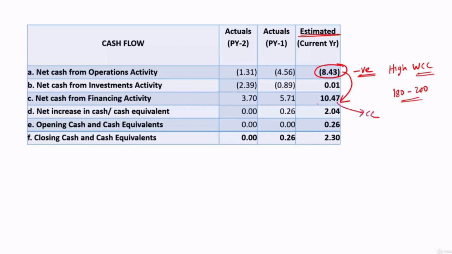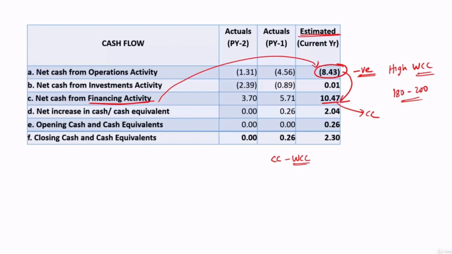So if cash credit is shown here, okay, where we'll capture it under financing activity, then this position may be acceptable. Okay, because this cash credit facility comes into picture to support working capital cycle only. So had this cash credit been adjusted here, then the negative figure may not be so much, or it can even turn out to be a positive figure.